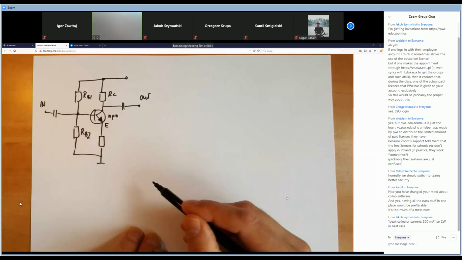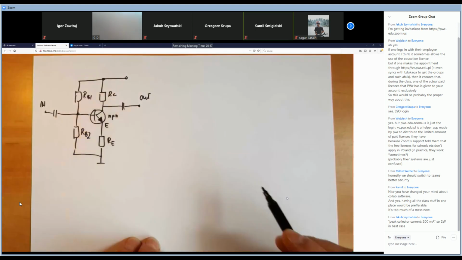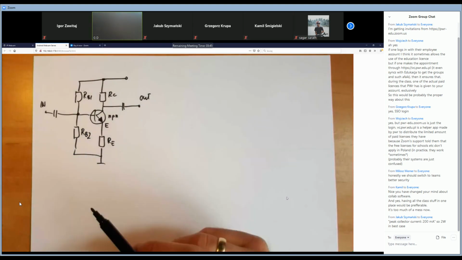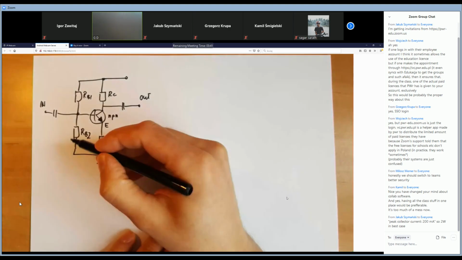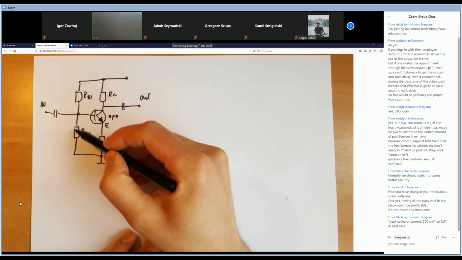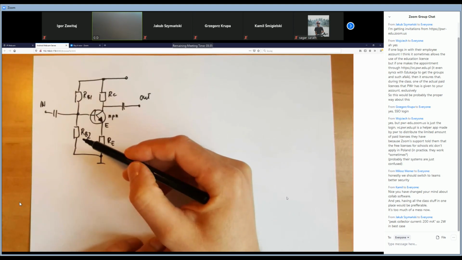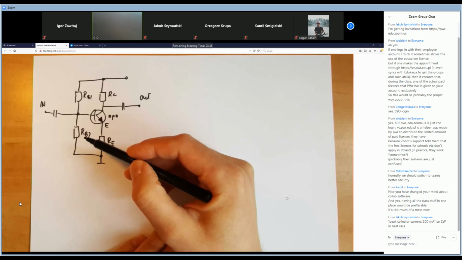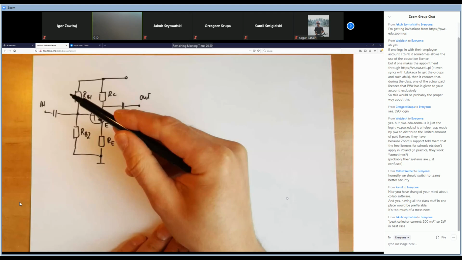Yeah, exactly. All right. So that is the last type of polarization of the base, using two resistances. In fact, it is like a voltage divider here, as you see.